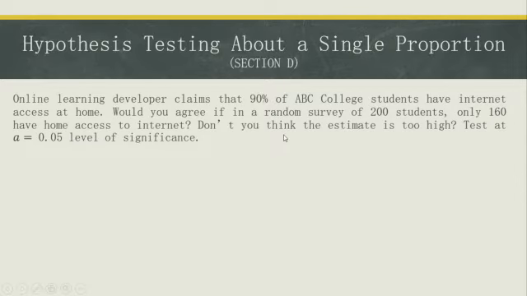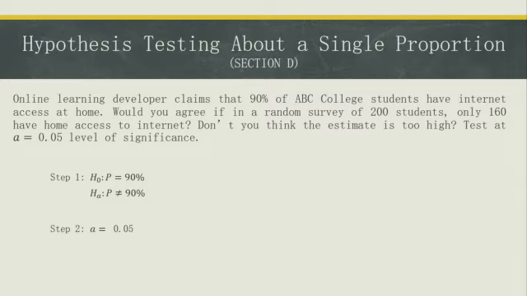Don't you think the estimate is too high? Test at α = 0.05 level of significance. So, step 1, the hypothesis, null hypothesis, P is equal to 90%. The alternative hypothesis, P is not equal to 90%.